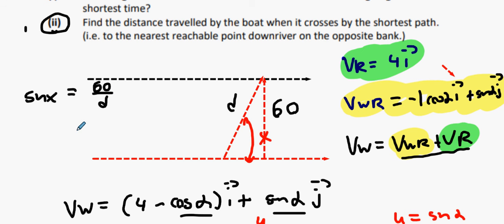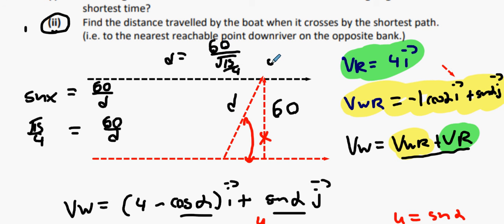And then sine x is root 15 over 4. And then, the awkward one. Bring up the d and then do 60 divided by root 15 over 4. And you should get your answer. 16 root 15, and decimals? 61.97.